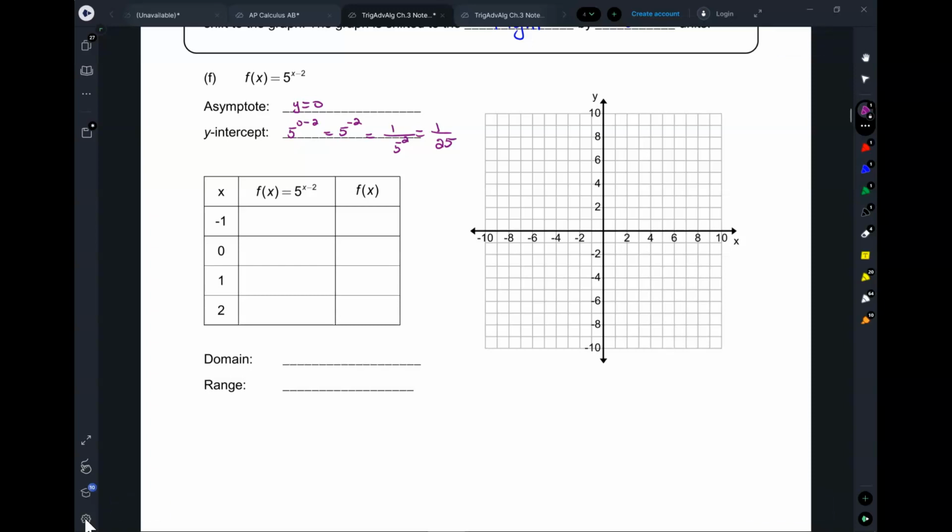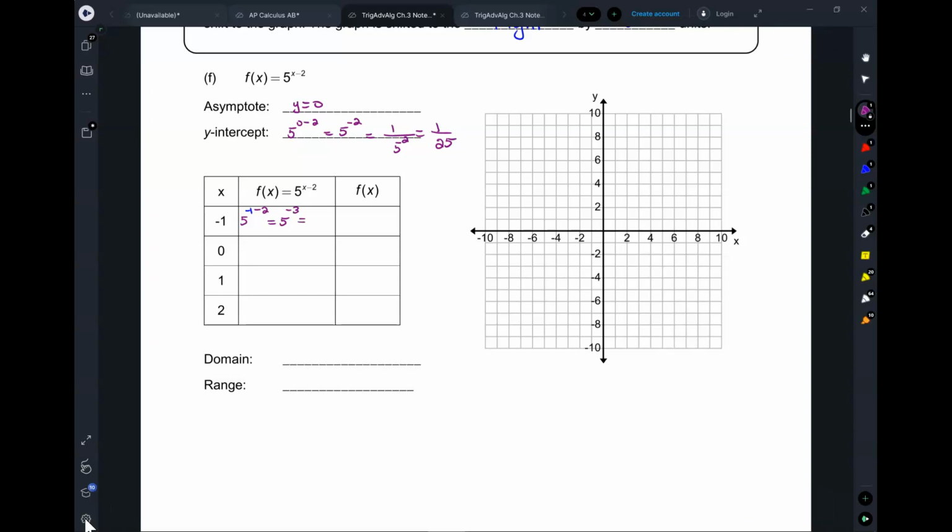But look, this is a good example of where sometimes these numbers, -1 to 2, might not necessarily be the right choice. What do I mean by that? Let's take a look at the first one. 5 to the power of -3.